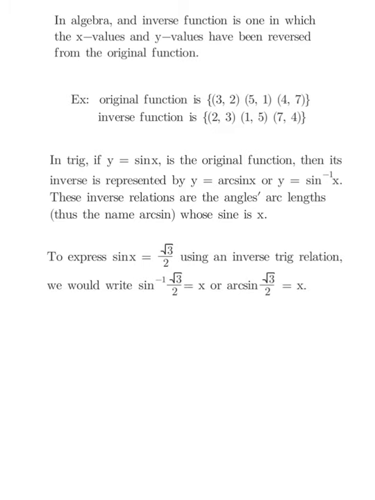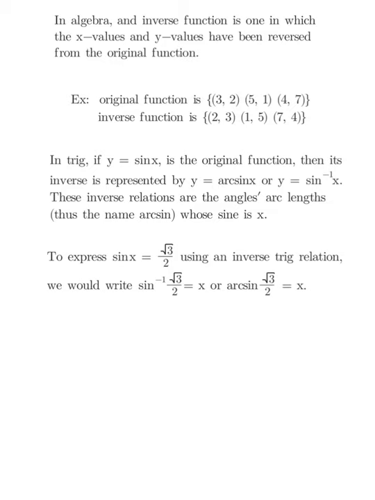If we wanted to take the expression sine of x equals square root of 3 over 2 and rewrite it using an inverse trig relation, we would write either sine inverse with the -1 exponent, radical 3 over 2 equals x, or we could also write the word arcsine, radical 3 over 2 equals x.